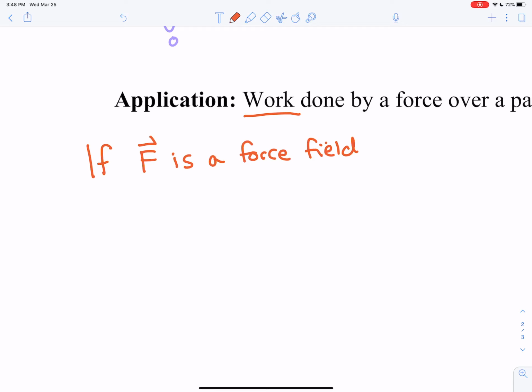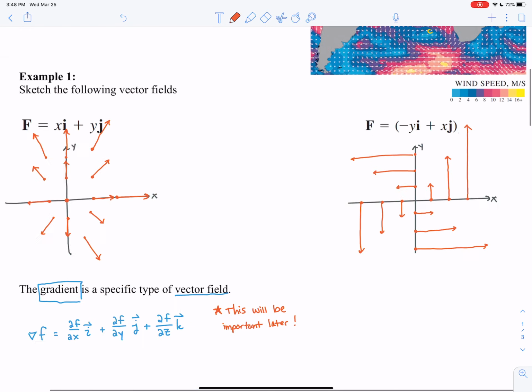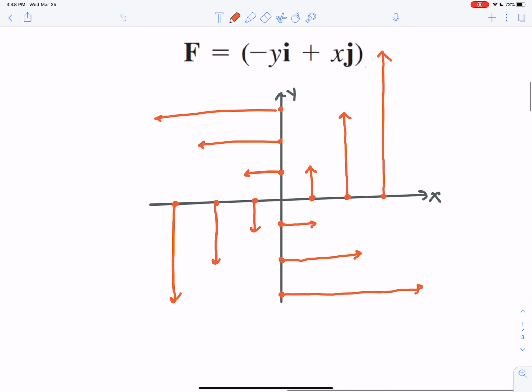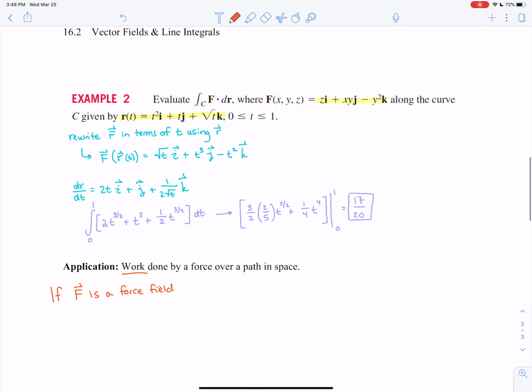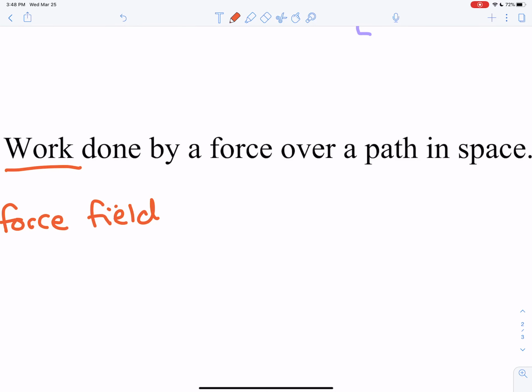Or maybe it's a gravity field where all the arrows represent the force of gravity at any given point. Or maybe in this plot right here, these vectors represent the force of water at any given point in the river. Right? So if F is a force field where each vector represents force, then when you integrate through it, you're finding how much of the force is acting in your direction of motion.